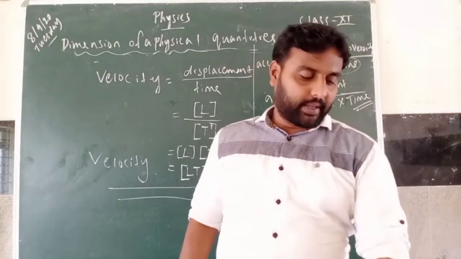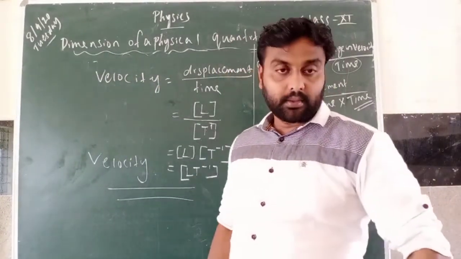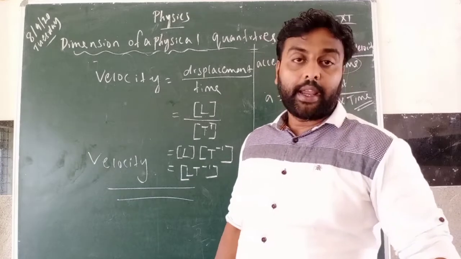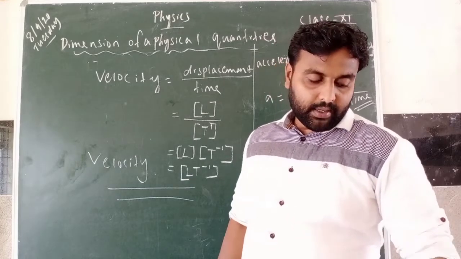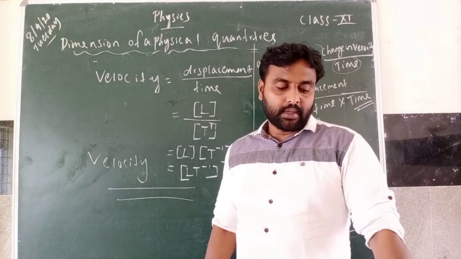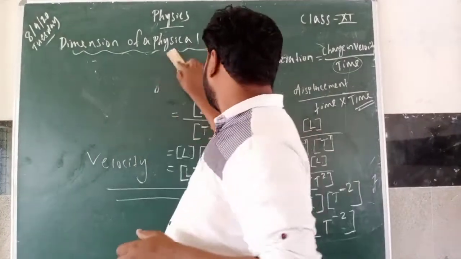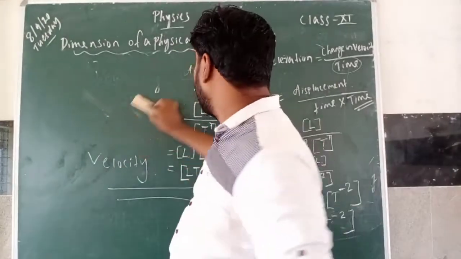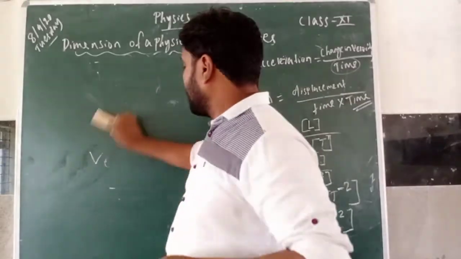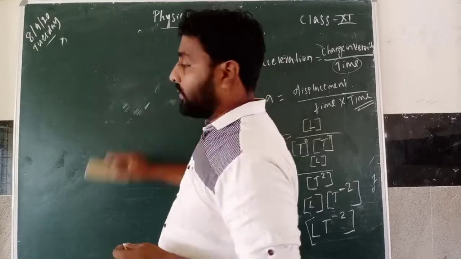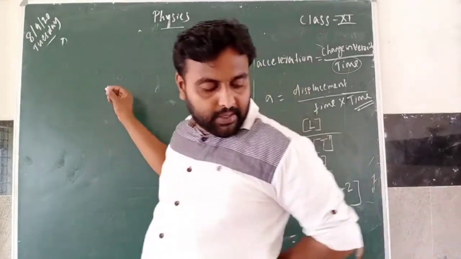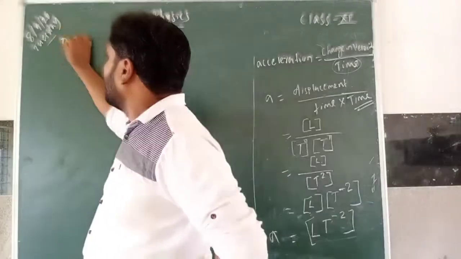Now the next topic is on page number 30, 1.8.2, dimensional variables and dimensionless variables. First one is dimensional variables.